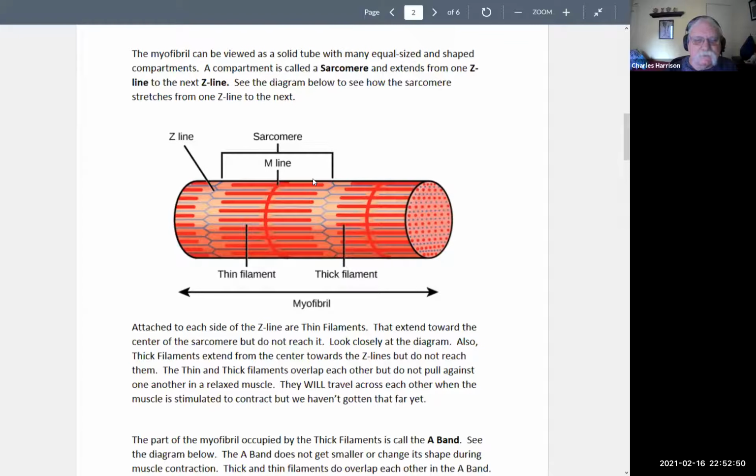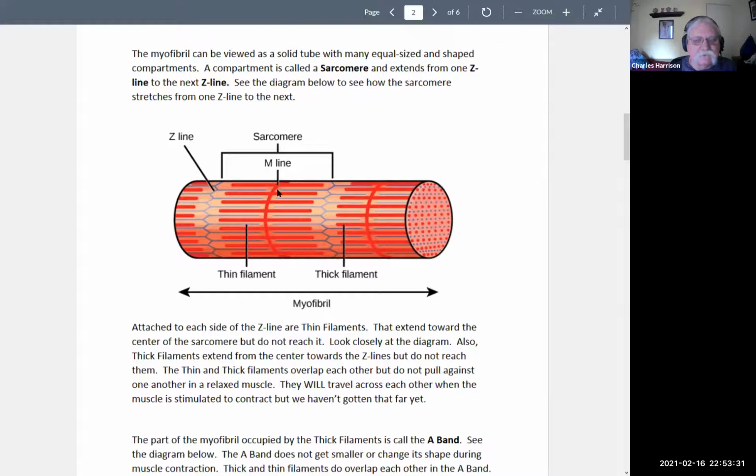Inside of the sarcomere, we have thick filaments. That's these guys here. I think I prefer to put them over here. Thick filaments. They're composed of a protein called myosin, which I'll get back to in just a moment. You don't have to worry about that right now. These attach at the center, and that's the M line.